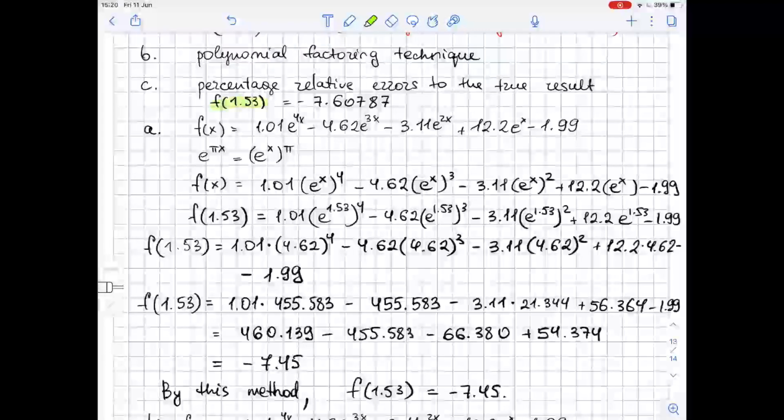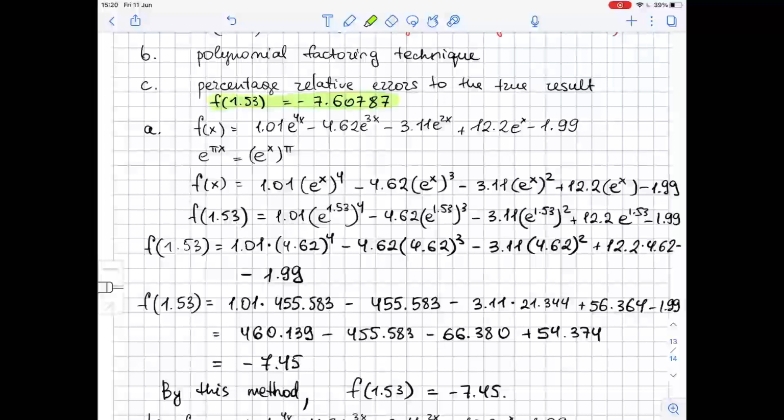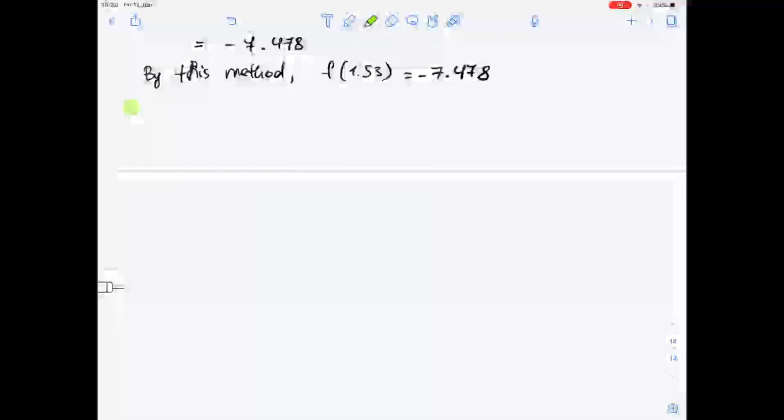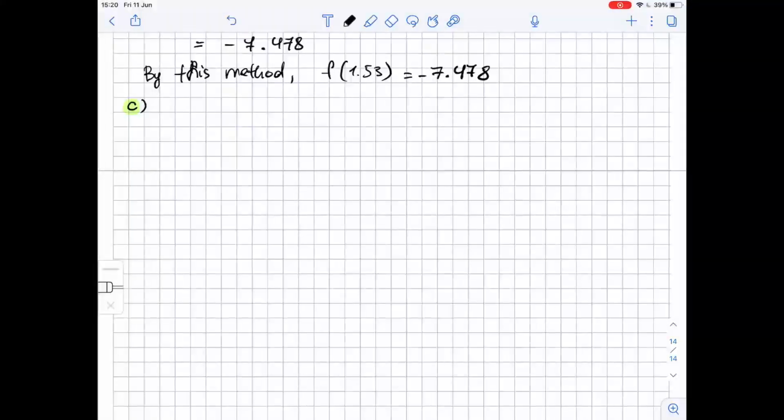Well, now in part C, we need to calculate percentage relative errors to the true result, and we are given the true result here. So the true value of f of 1.53 is negative 7.60787. So to calculate the percentage error, we usually use the letter sigma to write down this percentage error, and we will use the formula, which looks like this.